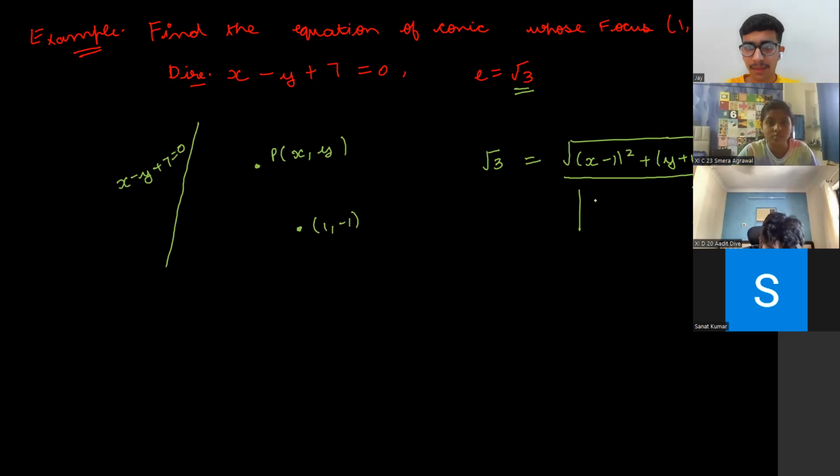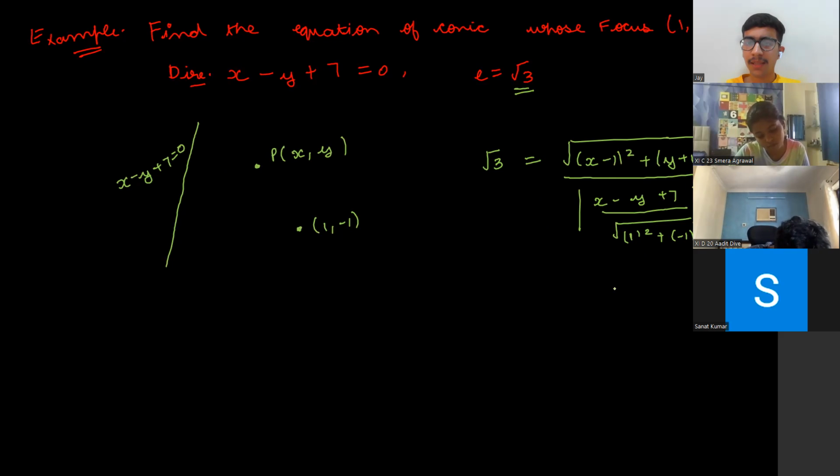So that means x minus y plus 7 divided by square root of coefficient of x and y. So that is 1 the whole square plus minus 1 the whole square. So sir 1 का square 1, -1 का square -1, 1 और -1 0, तो exist ही नहीं कर रहा, तो कोनिक तो गलत हो गया.